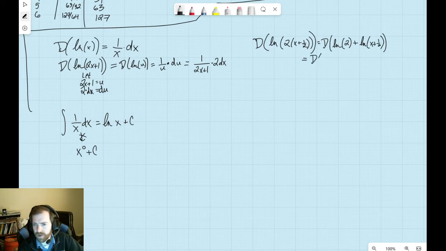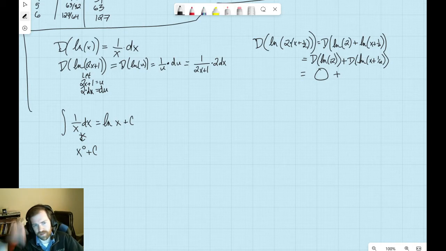So we take the derivative of the natural log of 2 plus the derivative of the natural log of x plus a half. Again, this is another wild thing that happens. The derivative of the natural log of 2 is 0 because it's a constant. So the way that the logs work is that any of these constants that are multiplied on can just get shipped out.